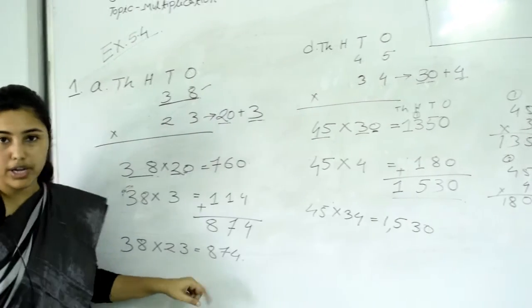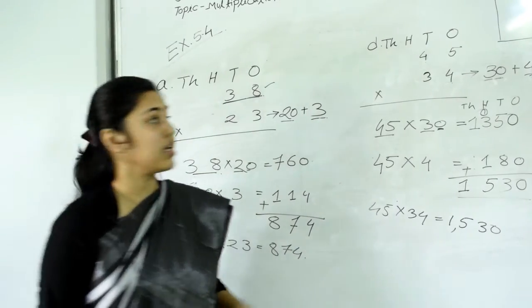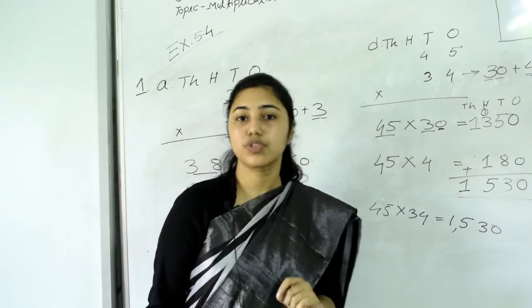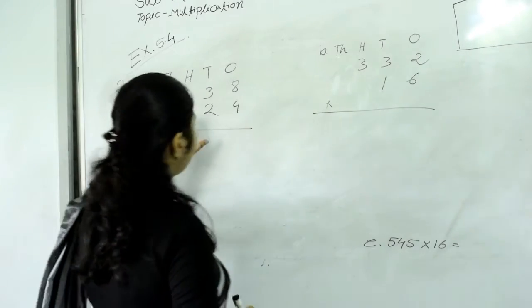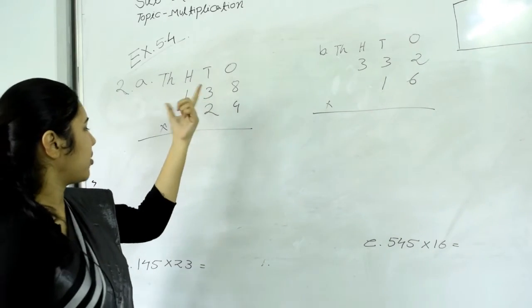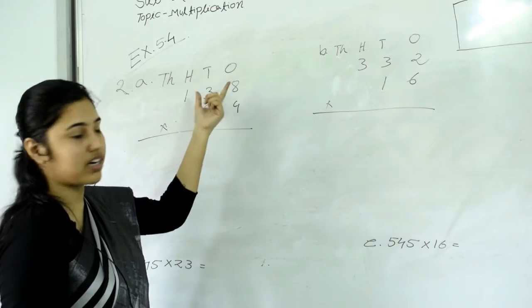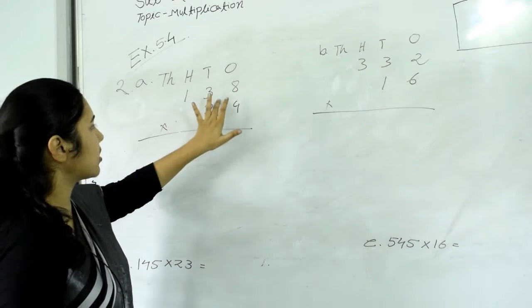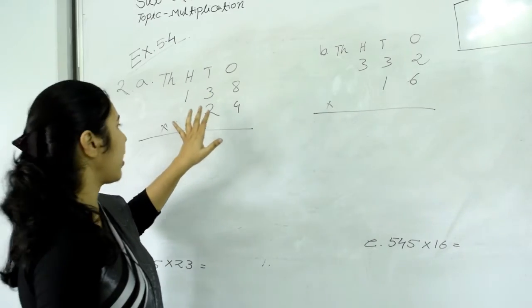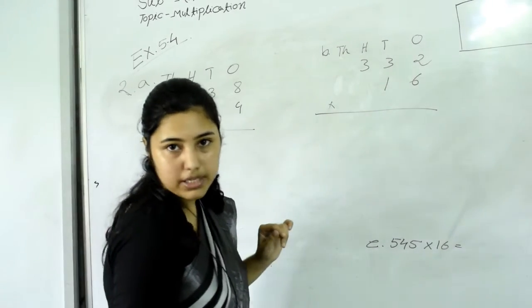874. Okay. So next we will see the multiplication of a 3-digit number. Here we have to multiply 138 by 24. So 138 is our multiplicand and 24 is our multiplier.